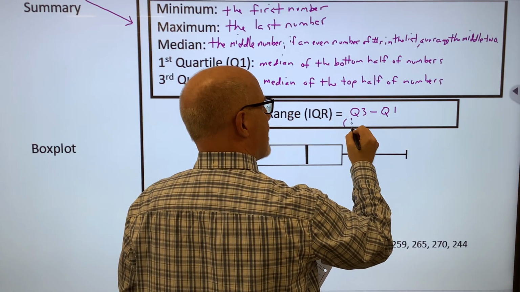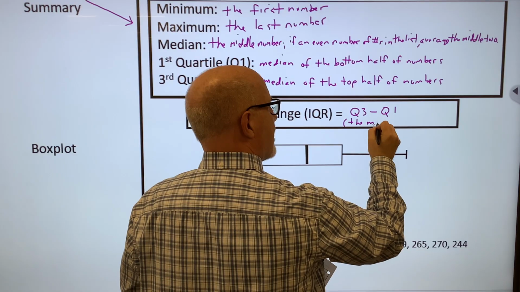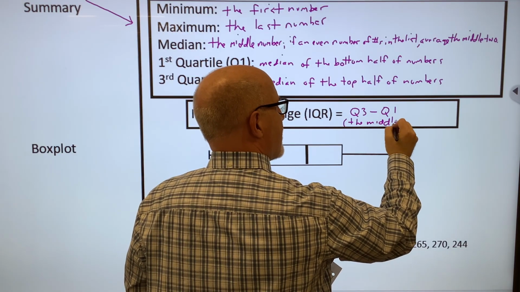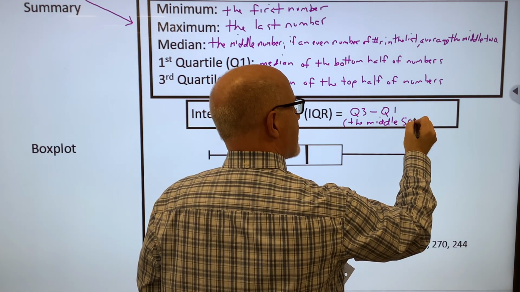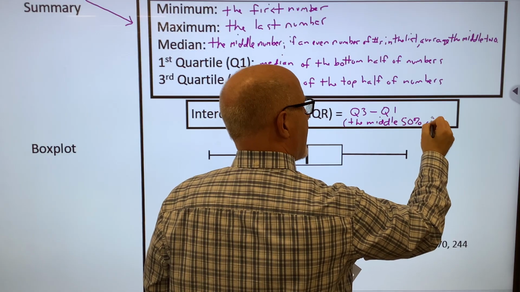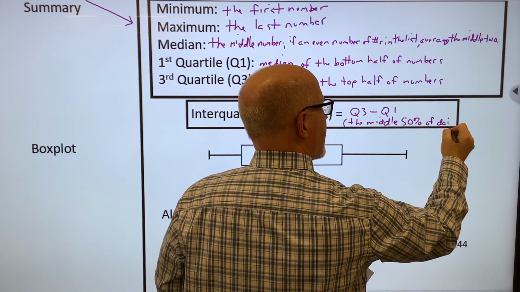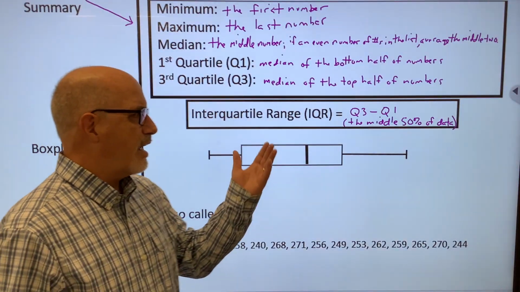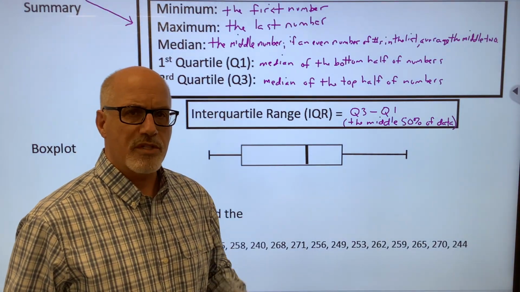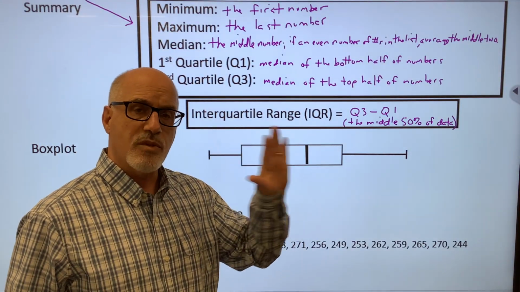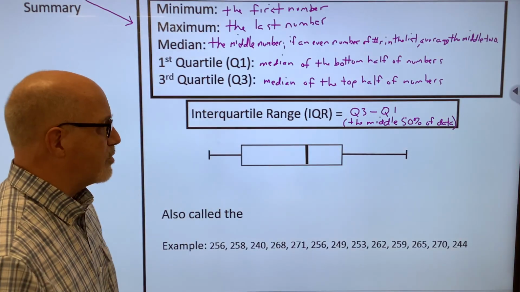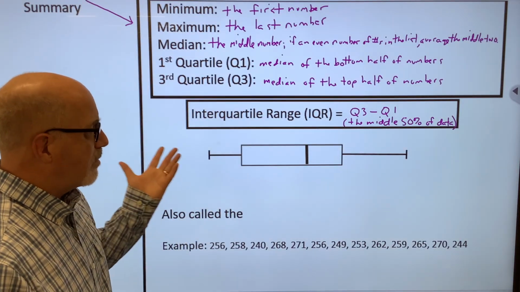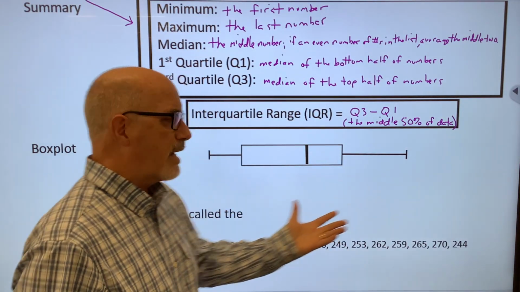The middle 50% of data falls between those 2 numbers, and so this gives you how far apart those 2 numbers are. So we'll use a box plot that will look like this.